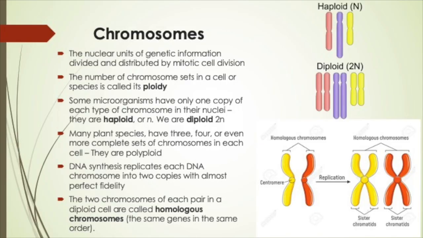So it's not going to grow a leg out of your face. So chromosomes themselves are nuclear units of genetic information divided and distributed by mitotic cell division. So basically they just pack together DNA, and when they split apart, they will split apart evenly, and they'll be exactly the same.